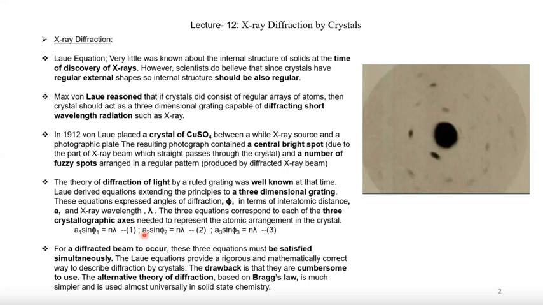The second one is the second direction of the crystallographic axis, and the third one is the third direction of the crystallographic axis. Then he concluded that for diffraction to occur, these three equations must be satisfied simultaneously.